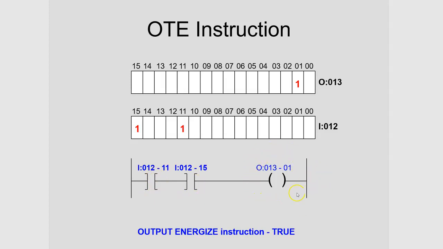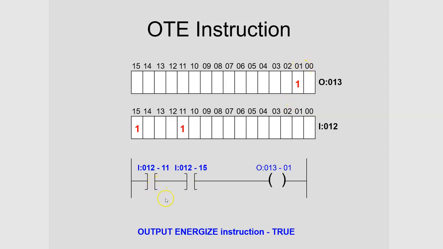So now this is true, and then whatever I have this mapped to, notice this is an output, that's an I here and an I there for input. This is mapped to the output image table, a row in the output image table. Matter of fact, we can talk about the bit number 13. And so, card number 13, bit number 01. And so here, you can see 01.